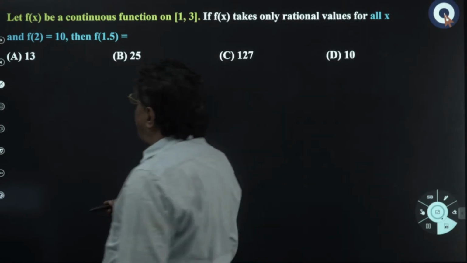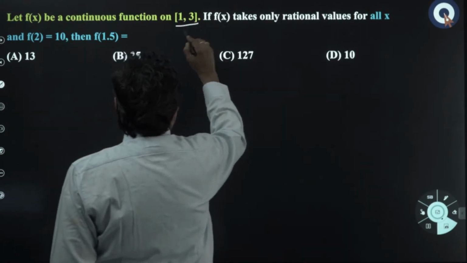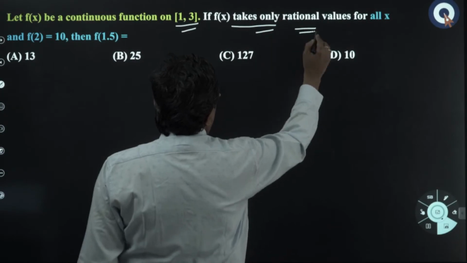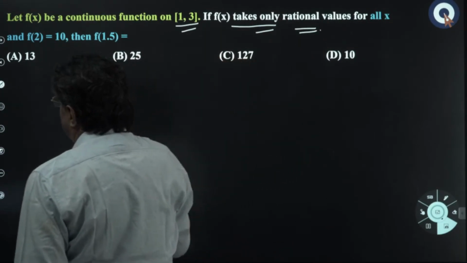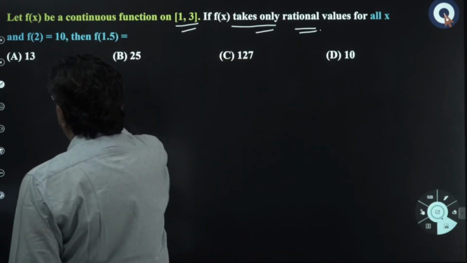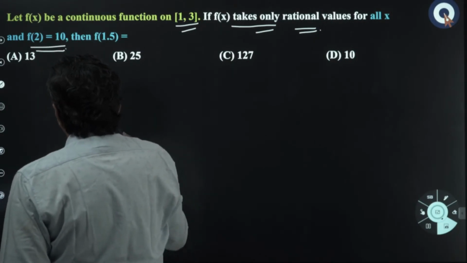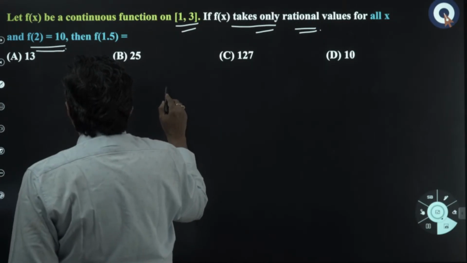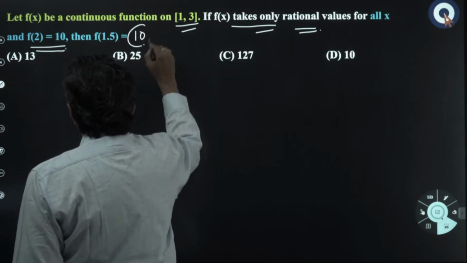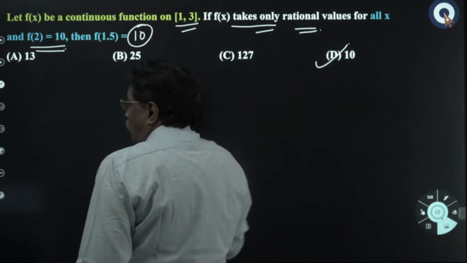So if f(x) is continuous and takes only rational values, that is possible only when it is a constant function. So if f of 2 is equal to 10, then f of 1.5 also should be equal to 10, right? So the answer is 10. So that's how it is.